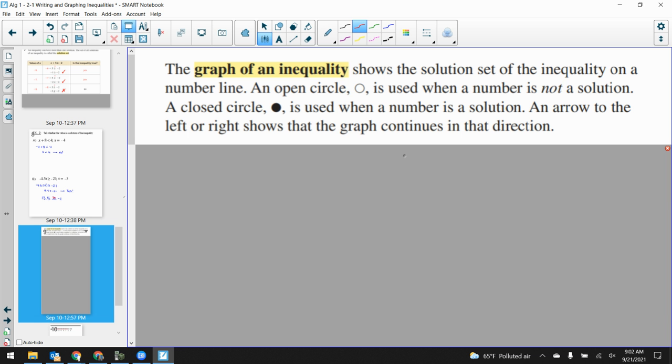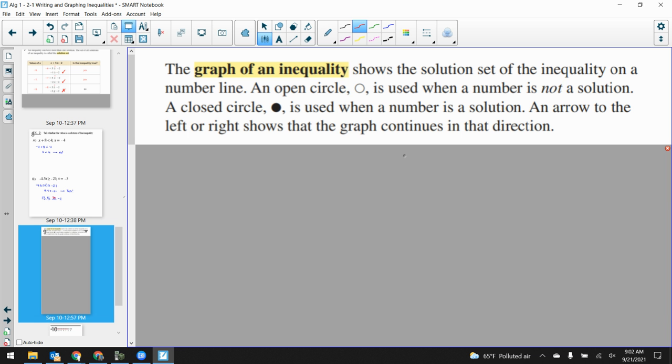If there is an or equal to on that inequality, you put a closed circle on the number line. If there is an open circle, that means that's a less than or a greater than. An open circle is used when a number is not the solution.